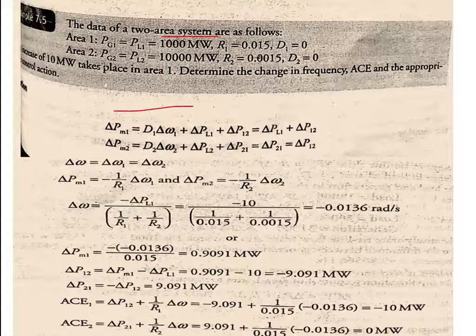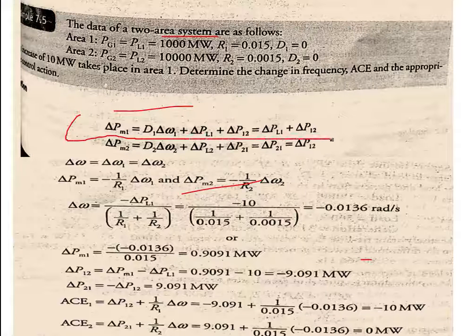To find the frequency and area control errors, I have to use these equations. From the formula, you have to find the values. So delta m1 and delta m2. Looking at the problem, D1 del omega 1 plus delta PL1 plus delta P12.